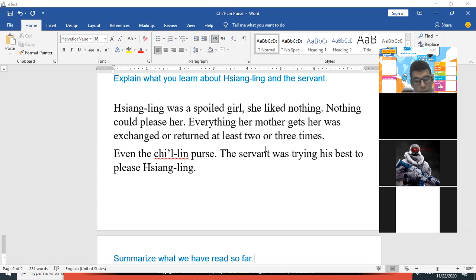So Sang-Ling was hard to please, but they were going to prepare a dowry. Almost everything that her mother bought for Sang-Ling was exchanged because she didn't appreciate it. Yes, so jump to the point where she's off to the wedding now.